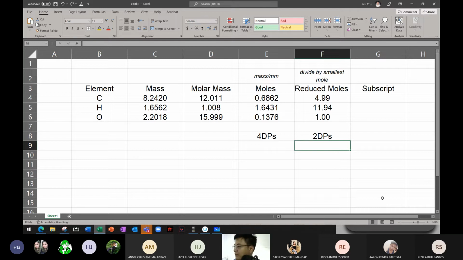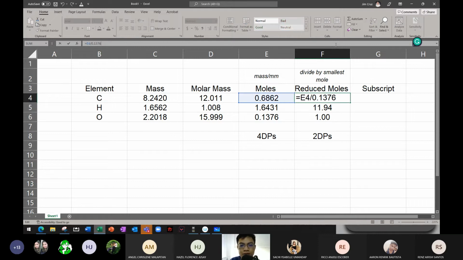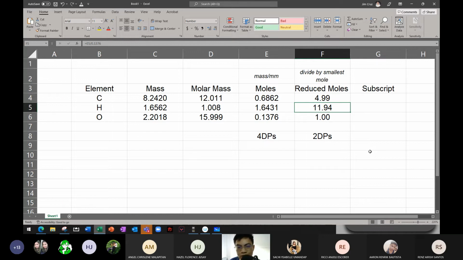Ayan. So the smallest mole is 0.137. So I divided everything by 0.137, even itself. Now, the reduced mole can actually give you the subscript. If ang reduced mole mo ay 9 na yung katabi, let's say 4.9, you round it off to the whole number. Okay?